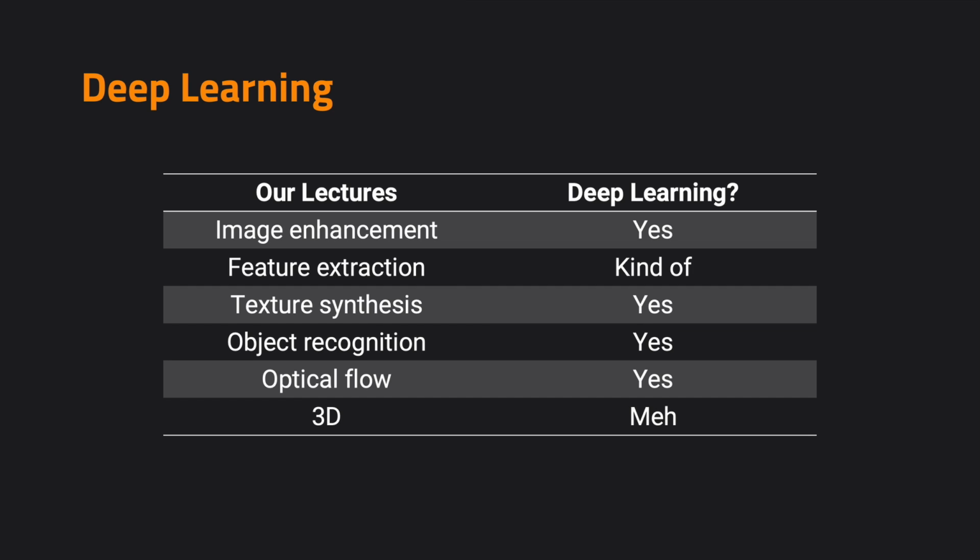And for 3D tasks, the feeling is mixed. If we are talking about single image recognition, like tracking a 3D bounding box or understanding 3D geometry information from a single image, then we will have to rely on deep learning or convolutional networks.